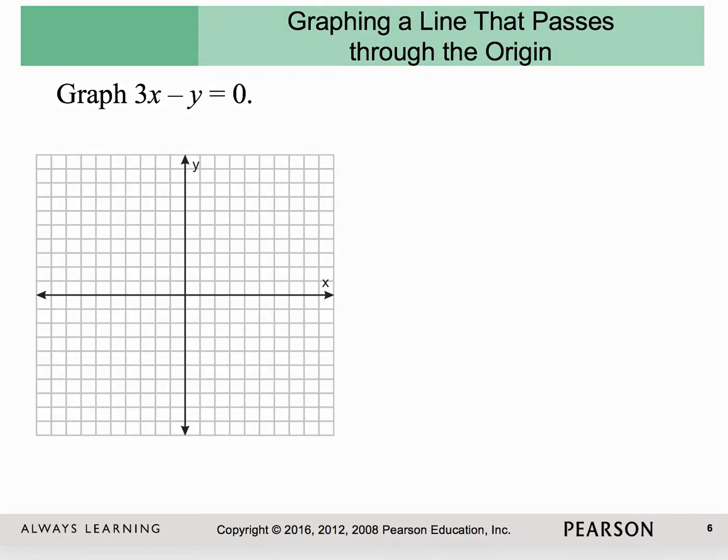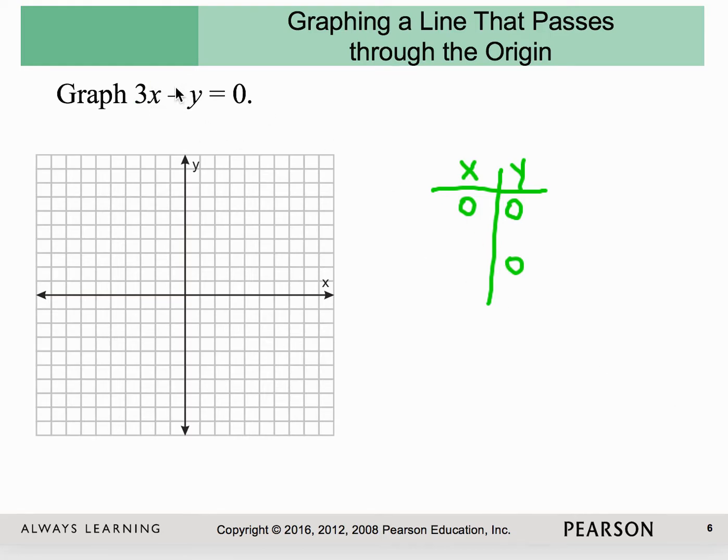Okay, let's do this one more time. Okay, if x is 0, negative what is 0? 0, right? Negative 0, positive 0, same thing. If y is 0, let's look at what that tells us.